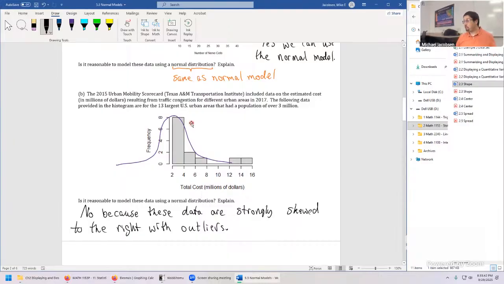And the more statistics and probability you take, the more you'll discover those curves. If you're curious on what it would be, it'd be the so-called exponential model or exponential distribution or exponential curve.